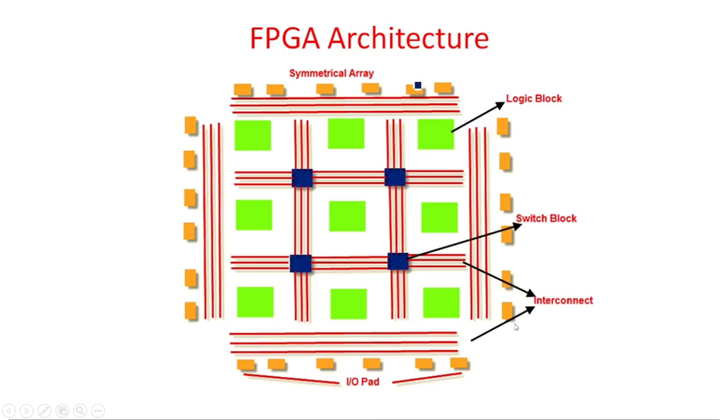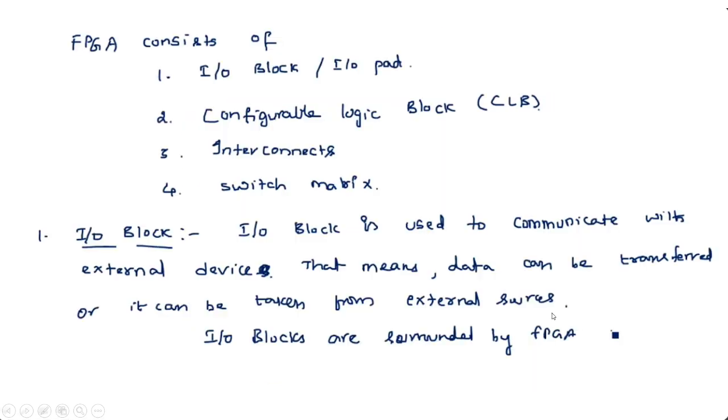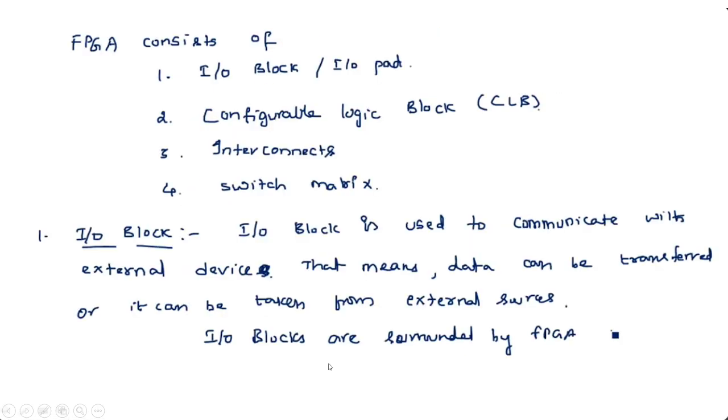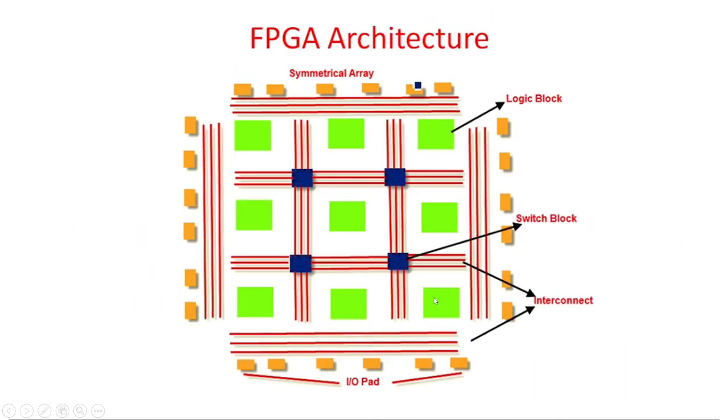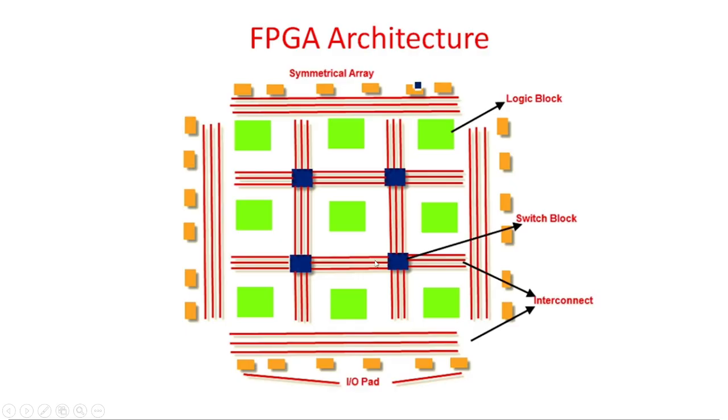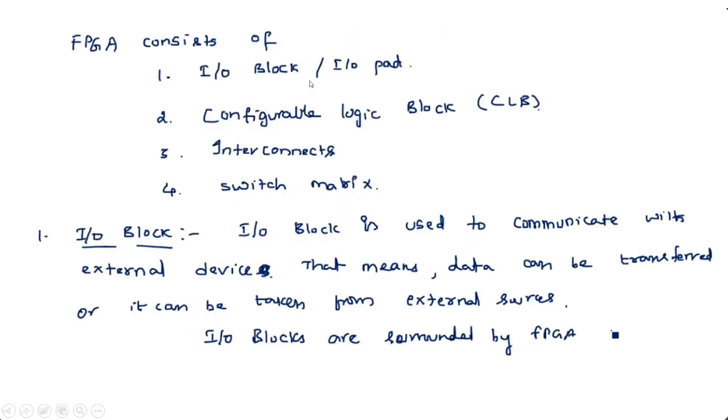So basically it consists of four elements: logic blocks, switch blocks, interconnects, and I/O pads. FPGA consists of I/O blocks or I/O pads, and next you have CLBs, configurable logic blocks.